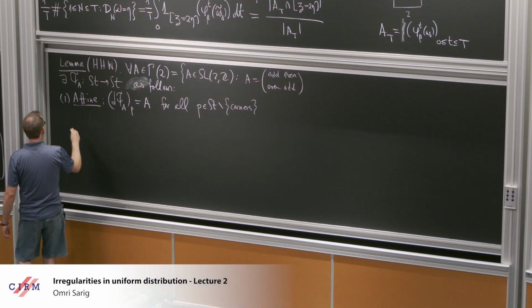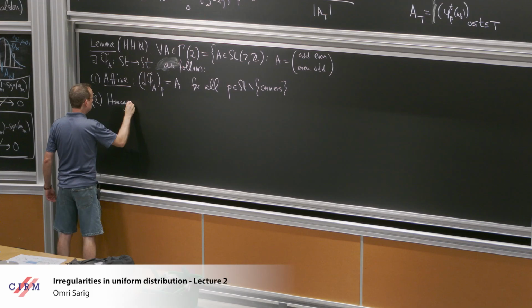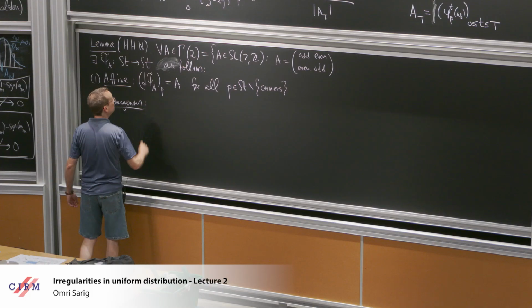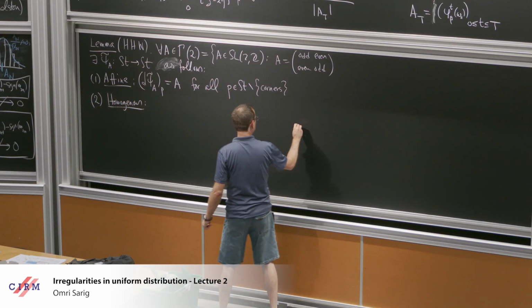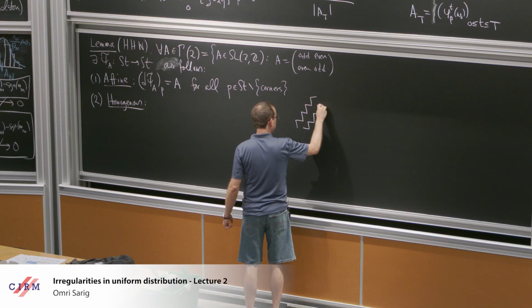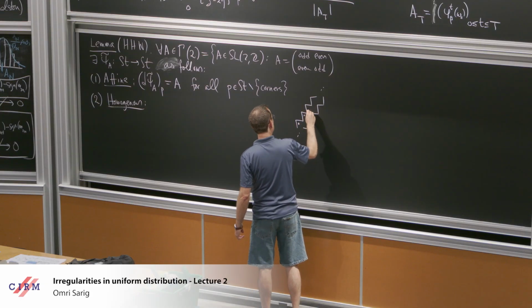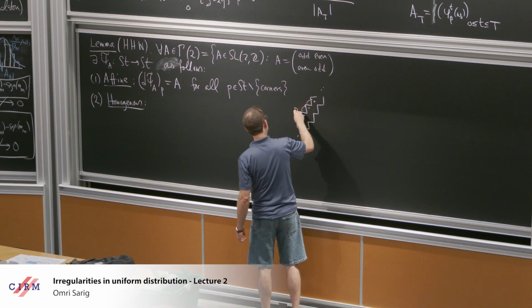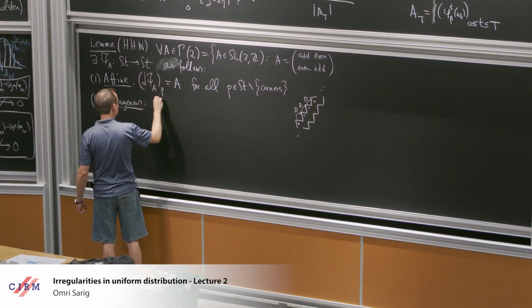Second, it is going to be homogeneous. What does homogeneous mean? There is a natural symmetry on the staircase which has a derivative equal to the identity, but it's not the identity. It's the map that climbs up a stair. Let's call it D. So I can make my automorphism commute with it.